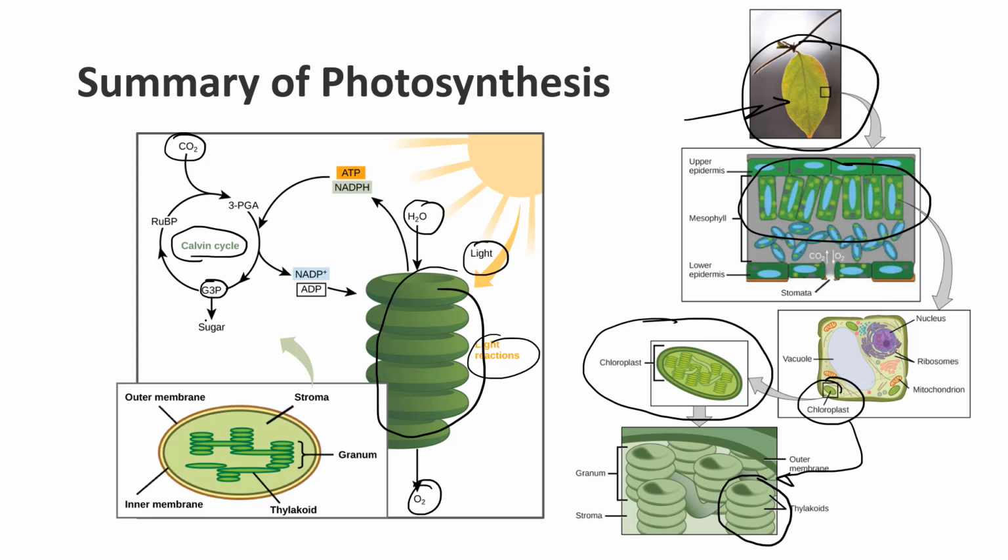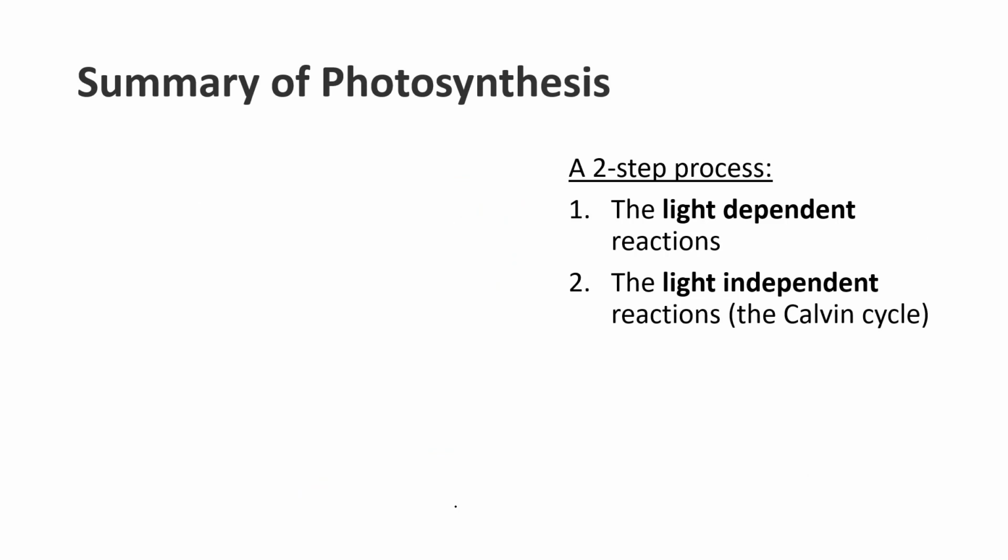That is ultimately going to be used to make sugar. So here we have the main product of photosynthesis, sugar, and that's where the oxygen is produced. So the oxygen is produced during the light reactions, and the sugar is produced during the Calvin cycle, or as a result of the light independent reactions.